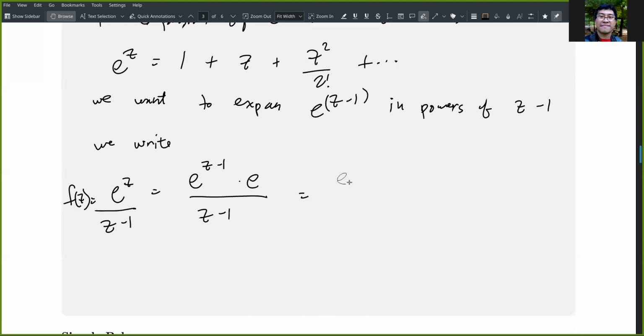So you have e over z minus 1, and then expand this exponential, that becomes 1 plus (z minus 1) plus (z minus 1) squared over 2 factorial and so on.